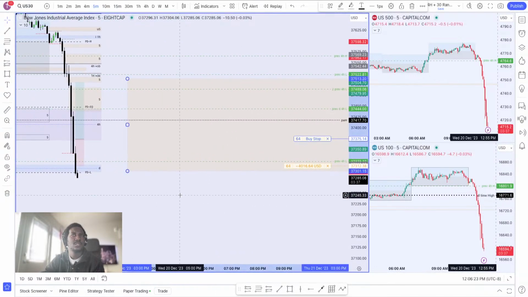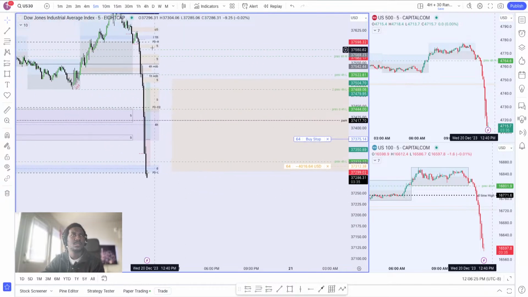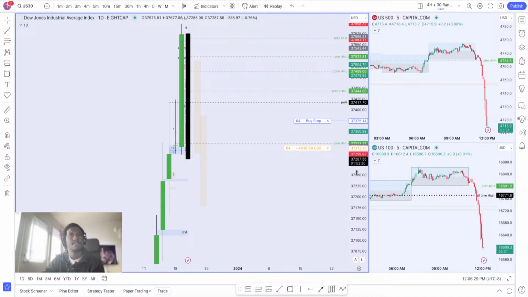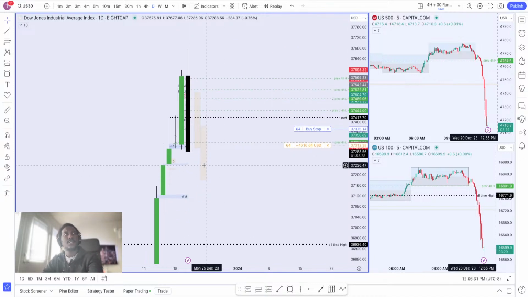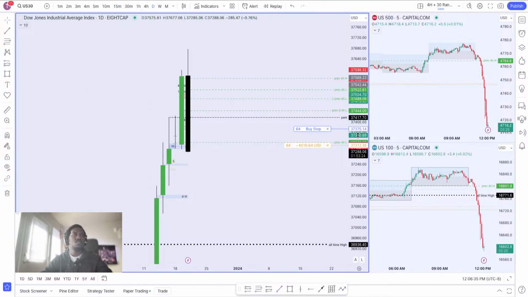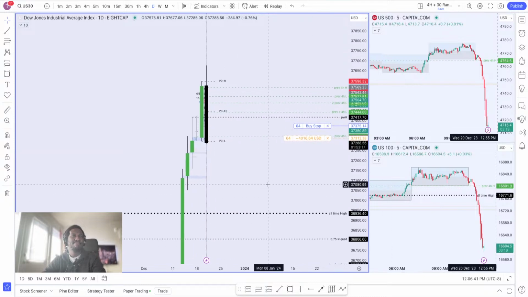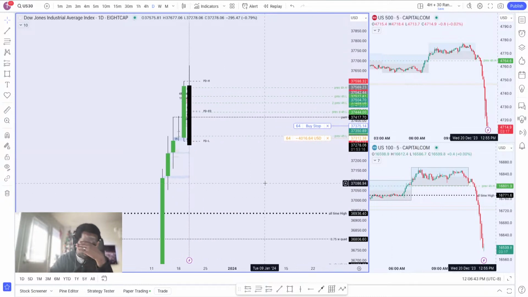What is this? Oh, this was those candle examples I was showing. Bruh, we have traded below this, so are we likely to go up? So today is Wednesday.